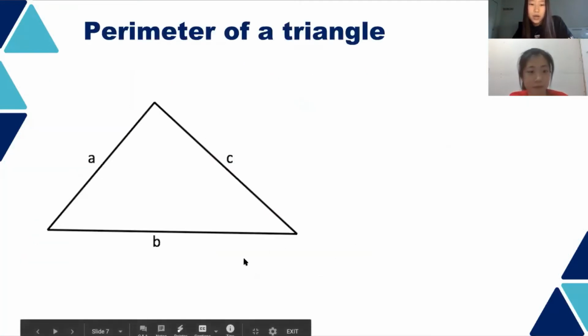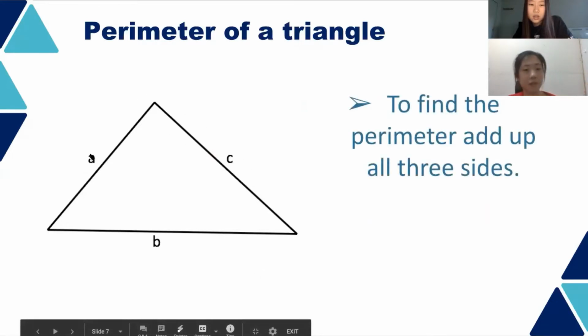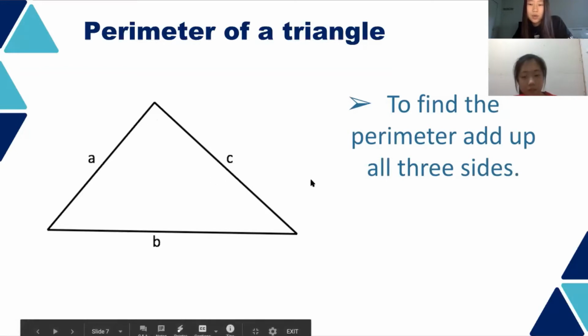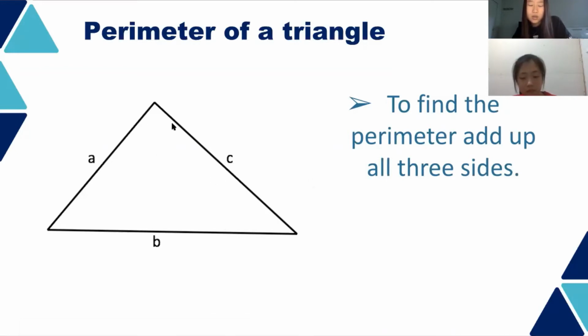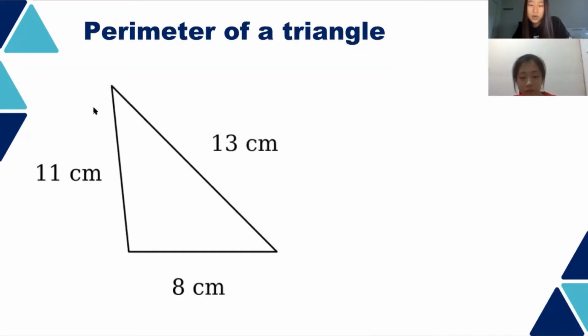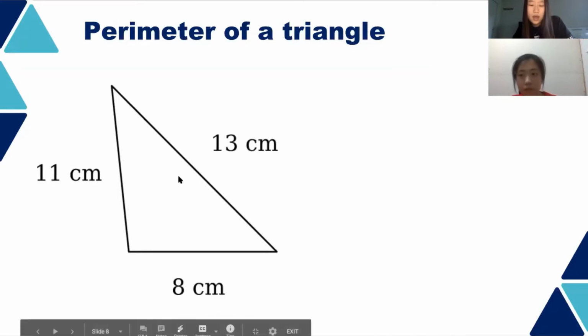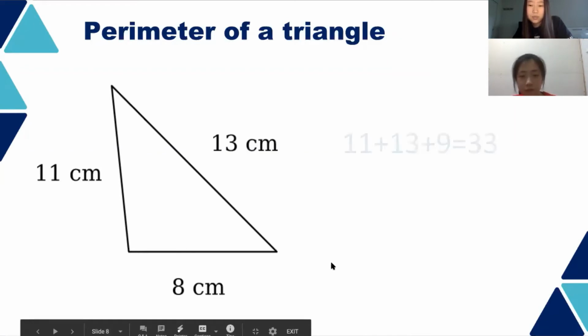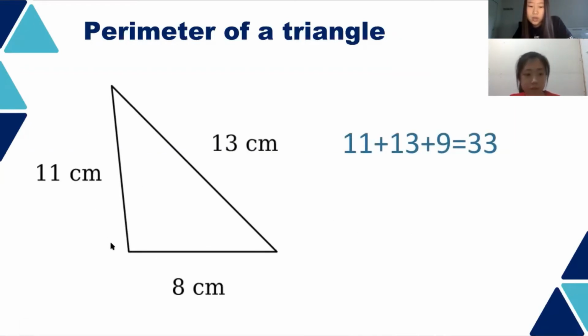The perimeter of a triangle is the lines that go around the triangle, which are A, B, and C. If you want to find the perimeter, you add all the lengths together, which is A plus B plus C. So for example, in this problem, to find the perimeter of the triangle, we add up 11, 13, and 8, which equals 33 centimeters.